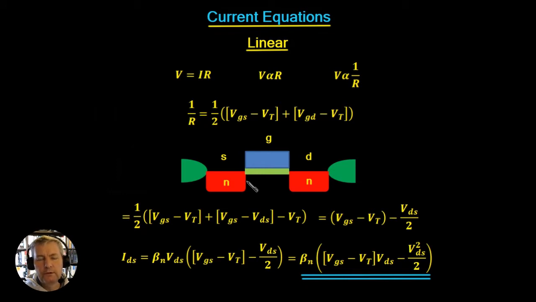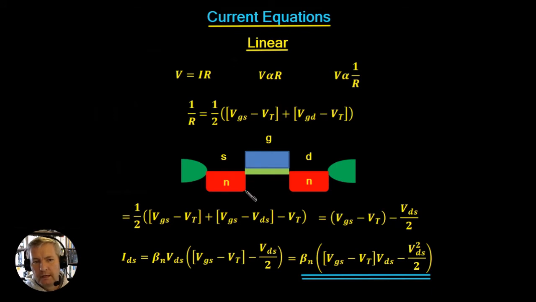Now what we could do is look at this in a simple manner. We could think about the conductance as being directly proportional to the depth of this inversion layer, or rather the average depth of it. So for example, we're going to have an inversion layer at this side here, which is going to be VGS minus VT, so how much of the gate-source voltage is above the threshold voltage.